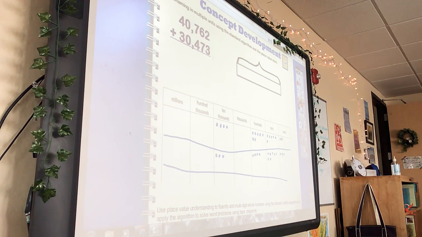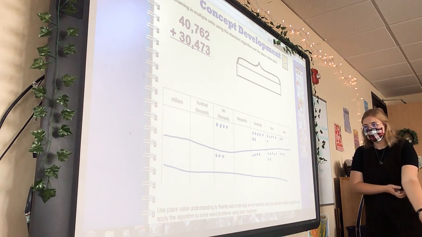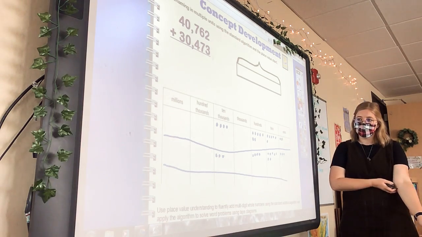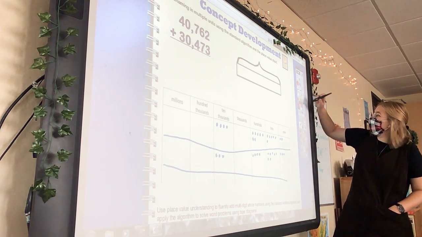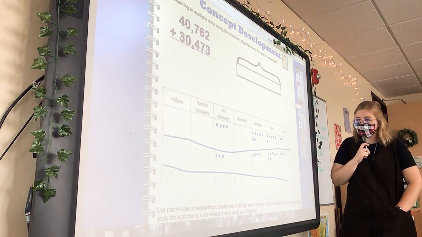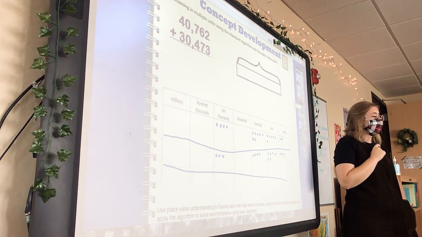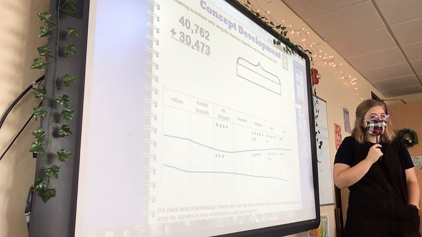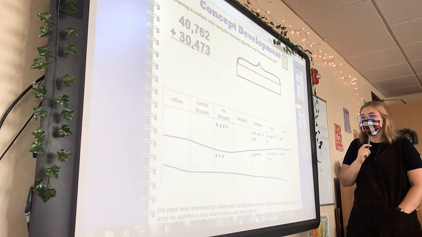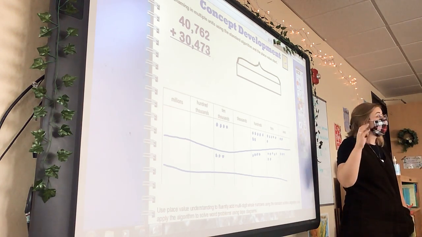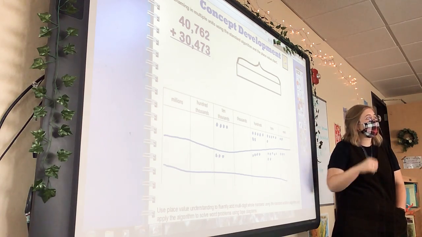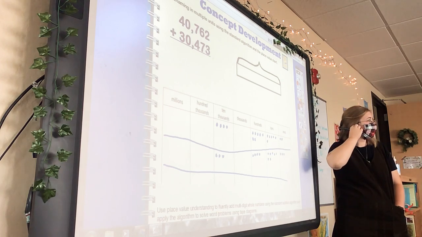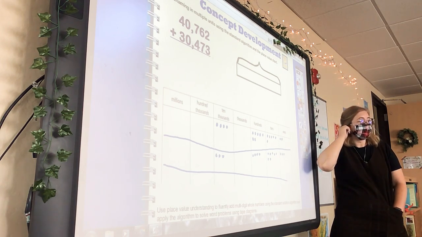Maybe a couple more seconds, and we're gonna move on. All right, cool. So we're just gonna focus on the place value chart for right now. We're gonna kind of do it together. As I'm doing it, I want you to do it on your whiteboard, okay? Make sense? Yeah.